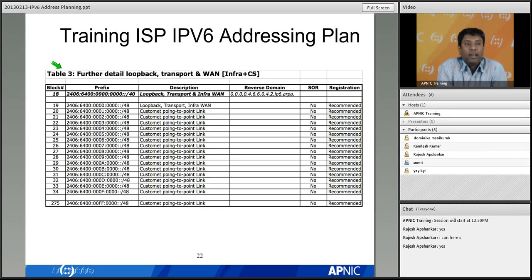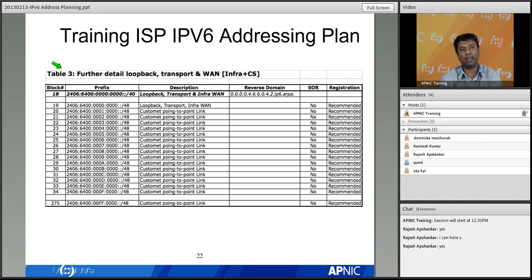Then we see further detail of the loopback. The first /48, which is from block 18, we use for loopback, transport, and infrastructure one. Did you notice, whenever we cater loopback, transport, infrastructure, we are always strict with the first available addresses? The reason behind that is you'll have a very short and sweet IPv6 address for your loopback.